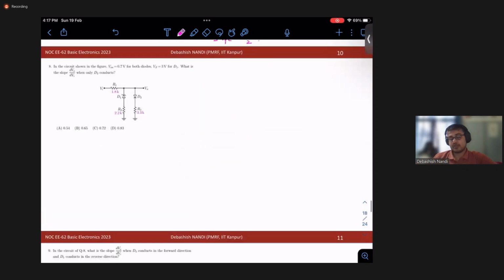Okay, let's move on to the next problem. It is on, okay, there is a Zener diode. So let me first tell you what a Zener diode is briefly. If you see an ideal diode plot, you'd see the ID-VD characteristics would be like this, right?